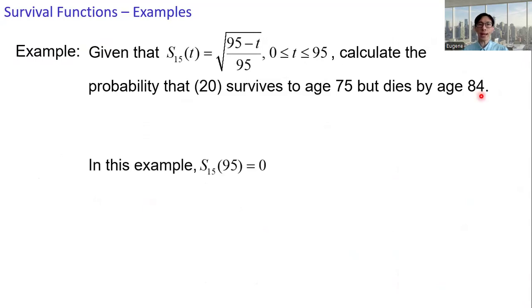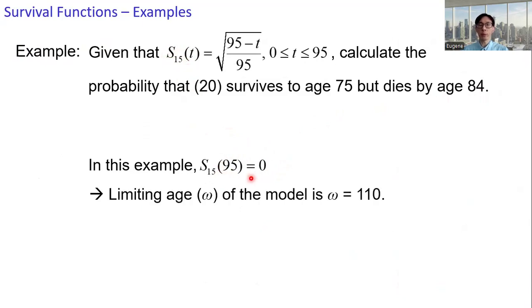This survival function, S15, evaluated at t equals 95, is 0. So here we have an upper age limit. A person aged 15 can survive for 95 more years at most. So 15 plus 95, we get 110. So the limiting age is 110.